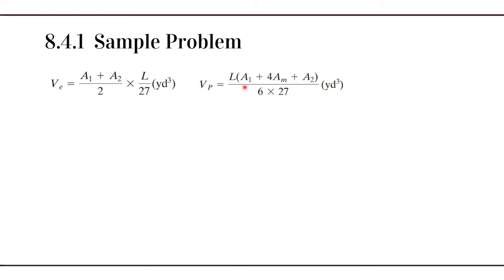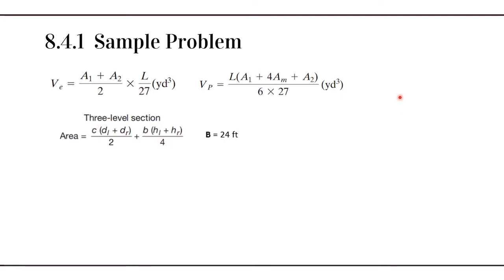Prismoidal formula is VP equals L times area 1 plus 4 times area of the midsection plus A2, all over 6 times 27 cubic yards. So as you can observe from the formulas, we cannot solve the volume unless we have the areas of each station and the value of L.